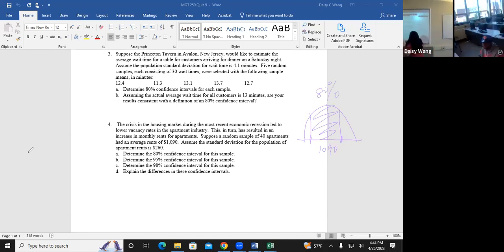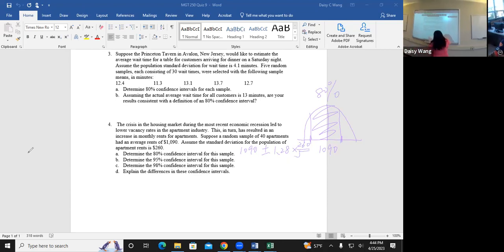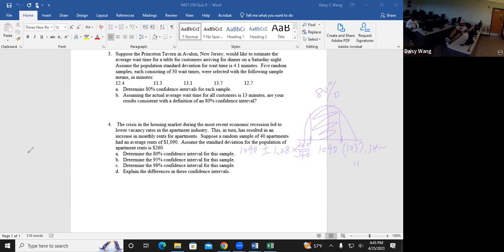So this is 1090 plus minus 1.28 times 260 divided by the square root of the sample size, which is 40. Okay, that's 8. And then the answer will be 1142.66.